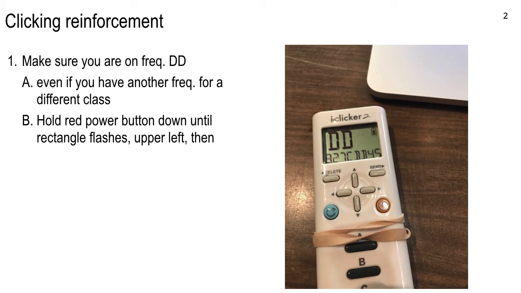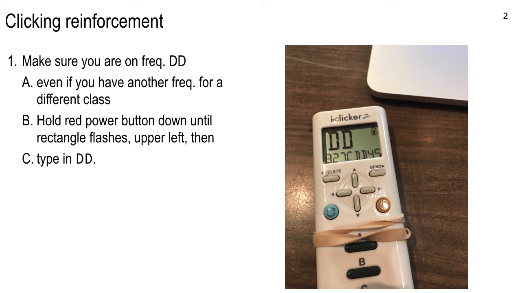Once it starts flashing, you type in DD. Then it'll get a check mark, and you'll get a Go Nitro message, and that'll mean you're on my frequency. If you don't do that, you're going to be SOL, which is a Latin abbreviation for the concept that you are toast. Because you've got to be on my frequency.